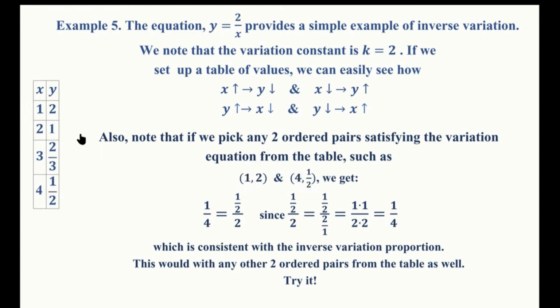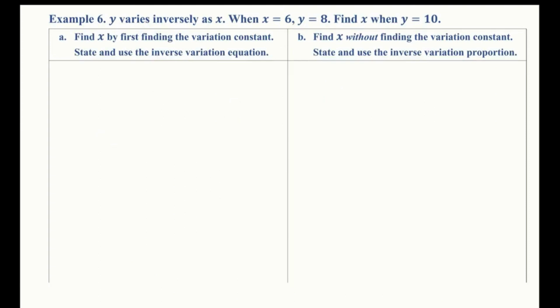Try it with a couple of other pairs before you continue in the video. Alright, so here we have that y varies inversely as x. So we know what that means. That means y equals k over x for some real constant k.